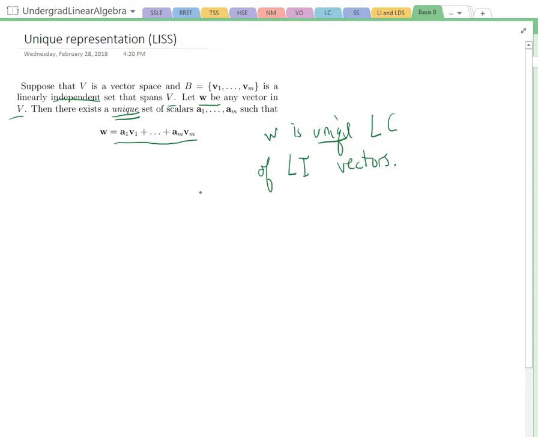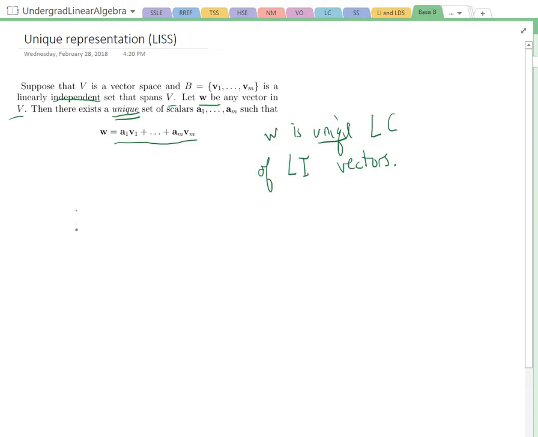You can read in the book why that's true. Basically, if there were two different linear combinations, then you could show that the v's were linearly dependent. But if you've got linear independence, you have unique linear combinations.